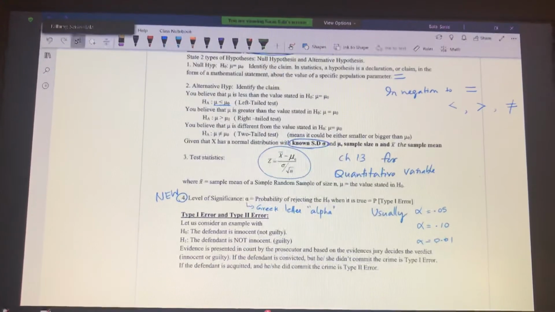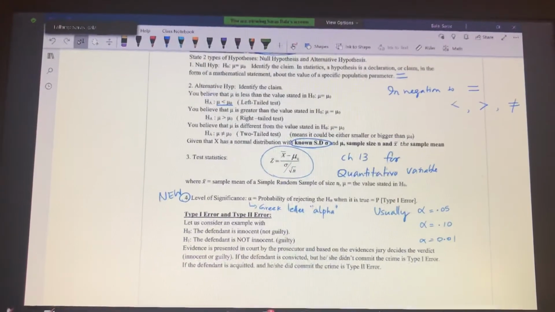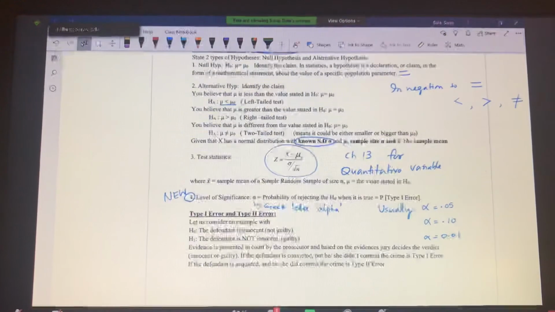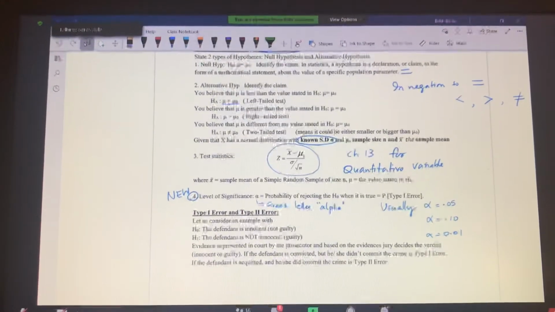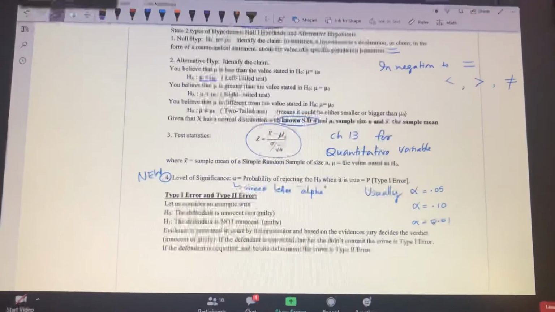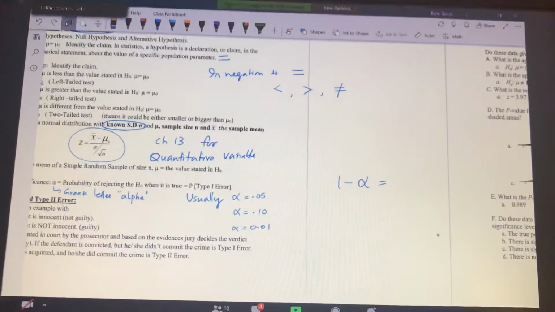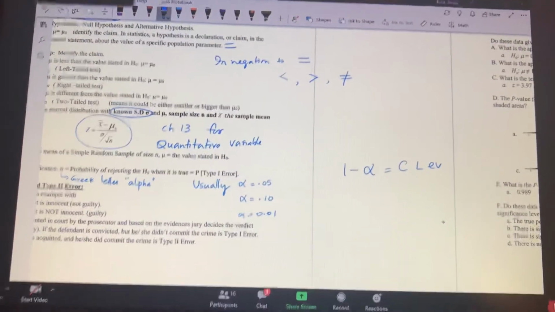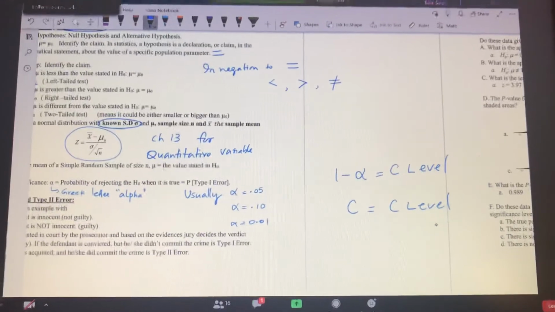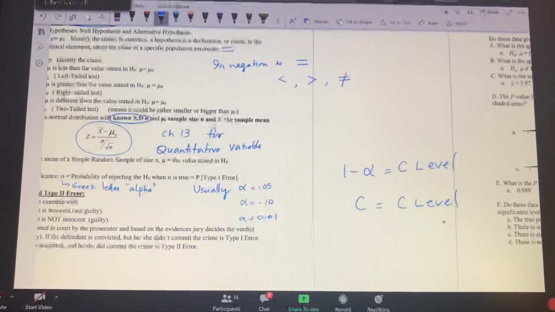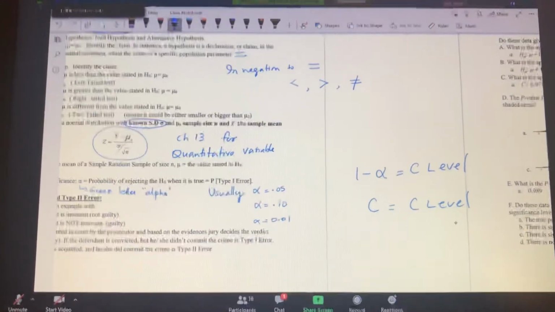Alpha, that is in my confidence interval, I introduced that as, some books will call that 1 minus alpha, which is the confidence level, but I used my C as confidence level because your TI is going to ask you the C level.